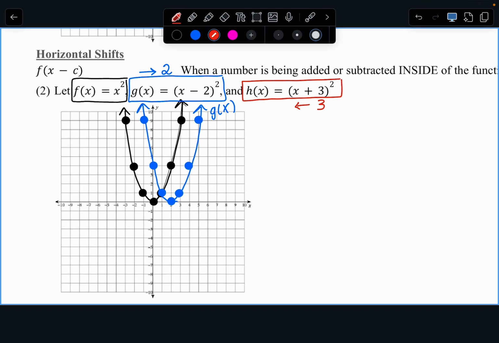So take the black dots and move everything left 3. Questions on those transformations?